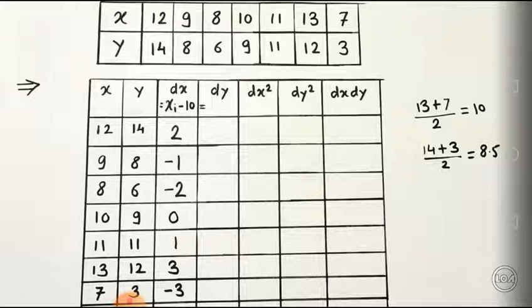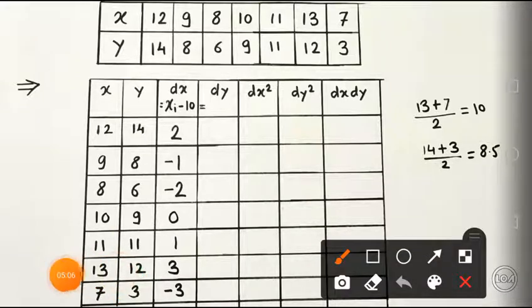Now for the value of dy, again we'll use the same method. We will add the highest and the lowest value and divide by 2. The highest value is 14, the lowest is 3. Then 14 plus 3 is 17, divided by 2 is 8.5. In the dy column we will subtract 8.5 from each item.